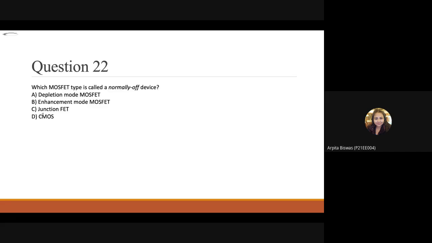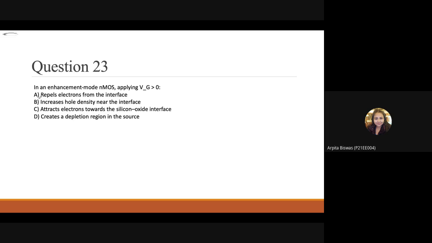So question number 22: which MOSFET type is called the normally off device? Depletion mode, enhancement mode MOSFET, or junction FET, or CMOS? Option B. Yes, option B, enhancement mode MOSFET. So next, question number 23.